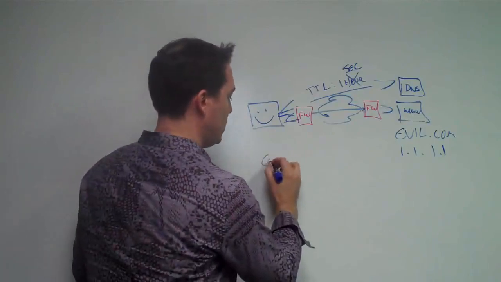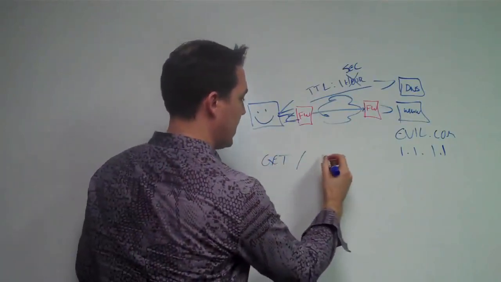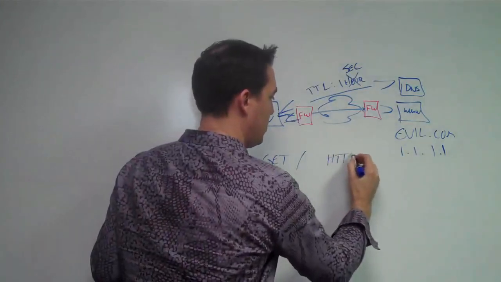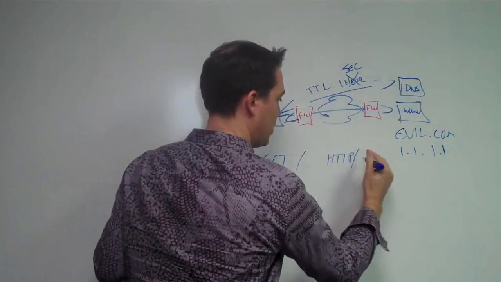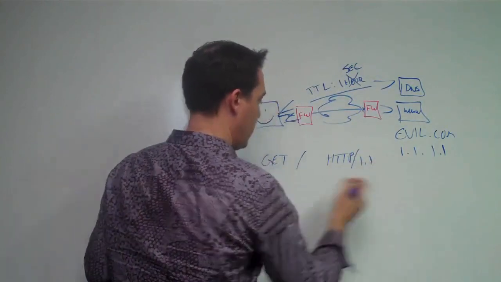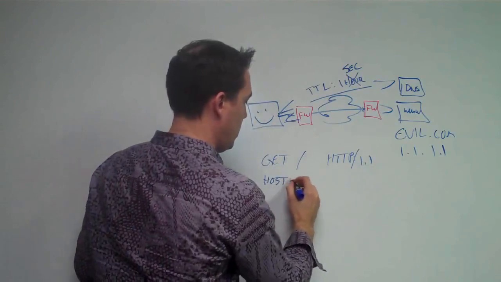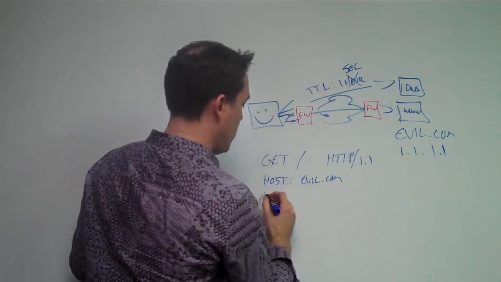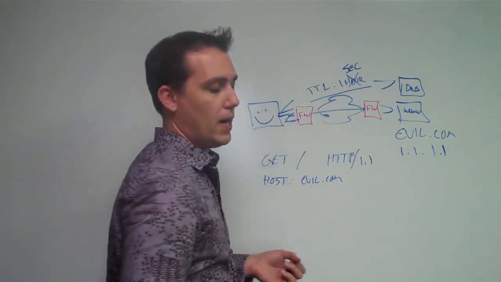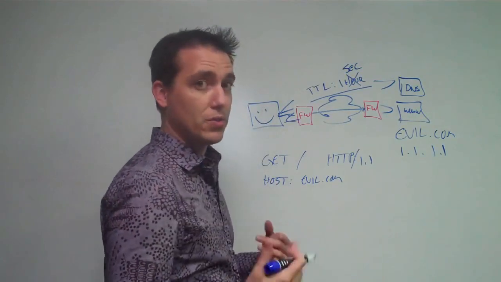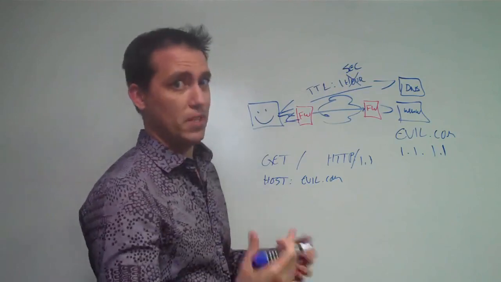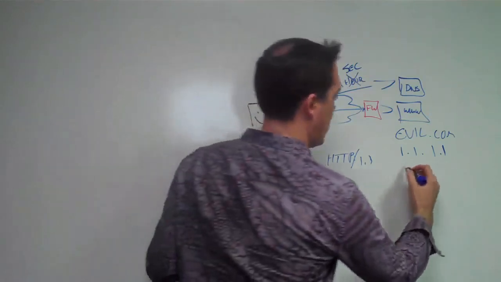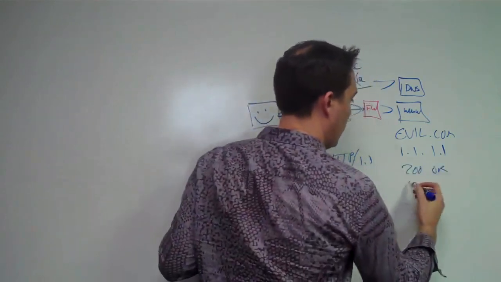First thing you'll do is your browser will send GET / to the base directory of evil.com, HTTP/1.1, new line, host header of evil.com, and then we'll send stuff like the accept headers, so I will accept gzip, deflate encoding, and so on. There's a bunch of other headers here, and then on the response it'll say 200 OK.